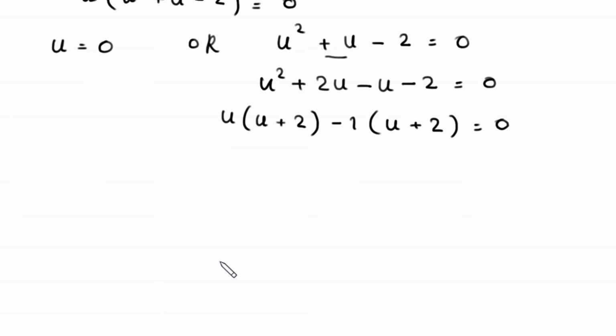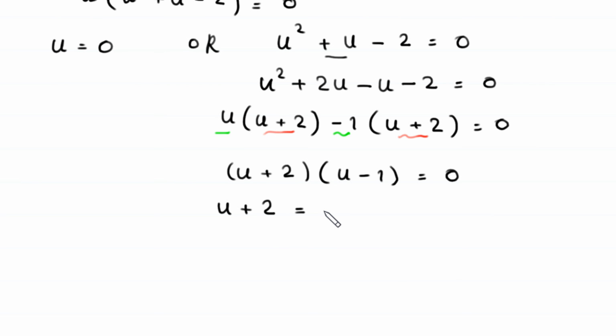Now as you can see, the expression u plus 2 is a common factor, so we factor out u plus 2, and in bracket we have u and negative 1, so u minus 1 equal to 0. From here either u plus 2 equal to 0 or u minus 1 equal to 0.